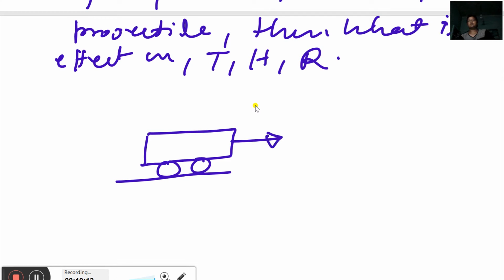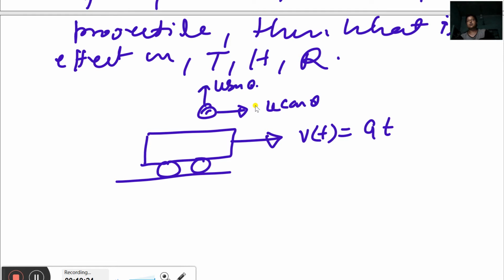After time t, trolley has a speed a into t, and ball has two components, u cos theta, u sin theta.